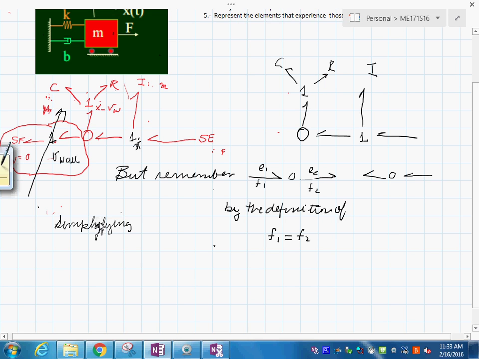So this is the way we have simplified the model for this.